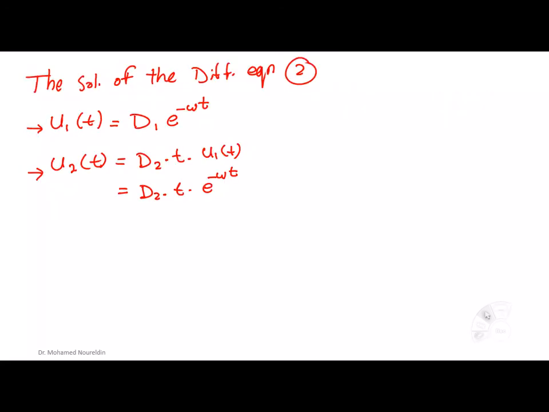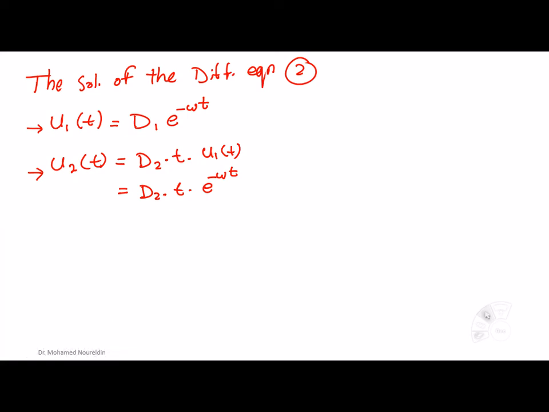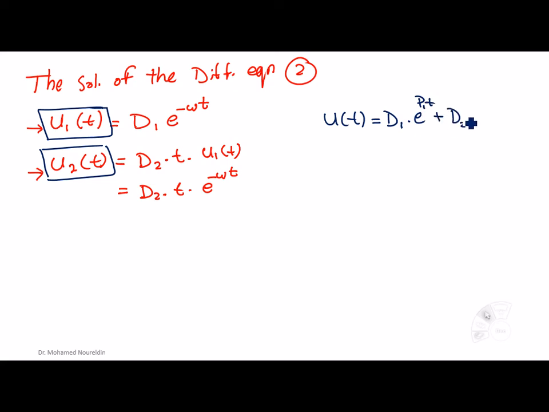So the solution of this equation is going to be one of these two possible solutions. You are going to ask me where we got this. As I said, mathematicians told us that if you want to be sure, you can go back to the original equation, because our original equation is u of t equals d1 e to the p1 t plus d2 e to the p2 t. This is equation 2.